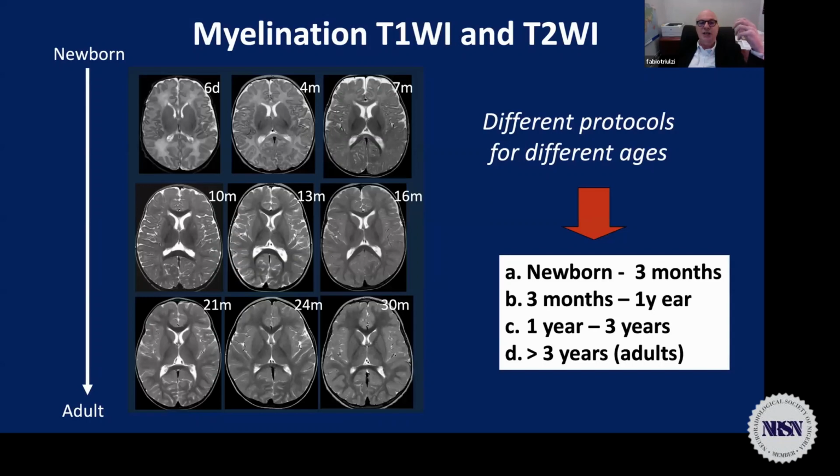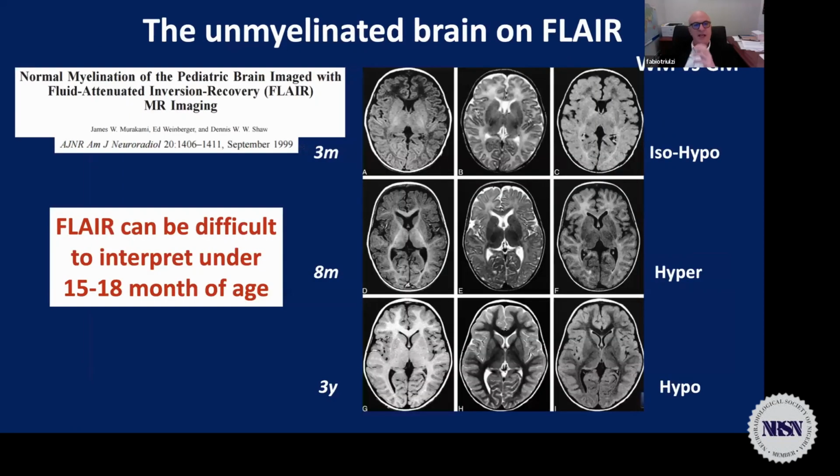So you have to change your acquisition protocol, and you have to have different protocols for different ages. Of course, this kind of sequence is true for newborns and for kids around 3, 4, 5 months of age, but then you can change once again the TR and the TE, and probably you have at least 3 or 4 different protocols for different ages.